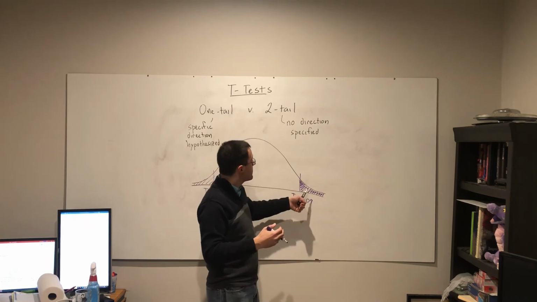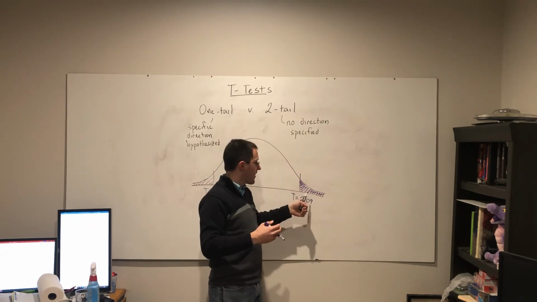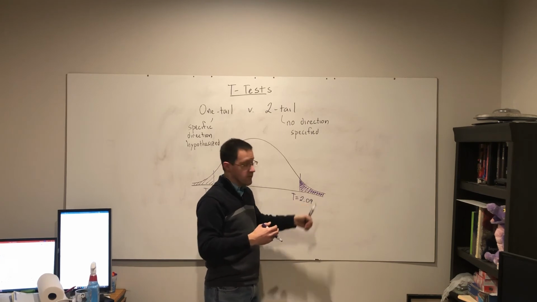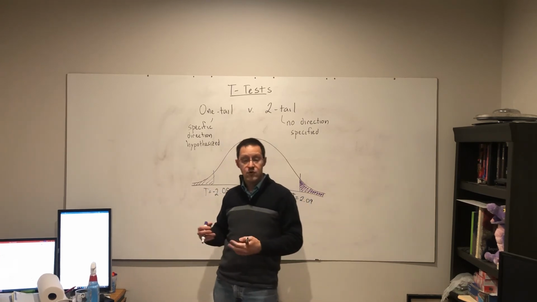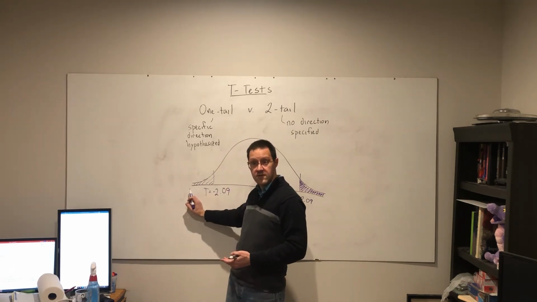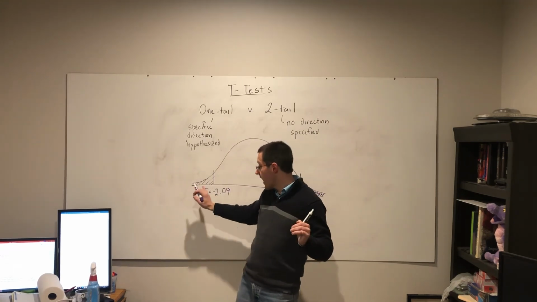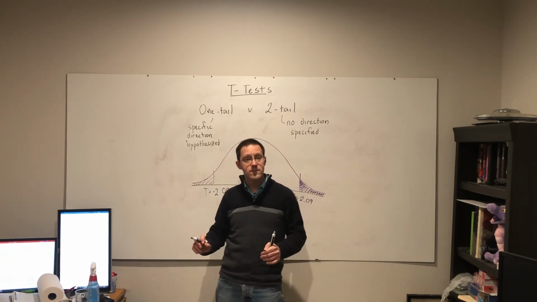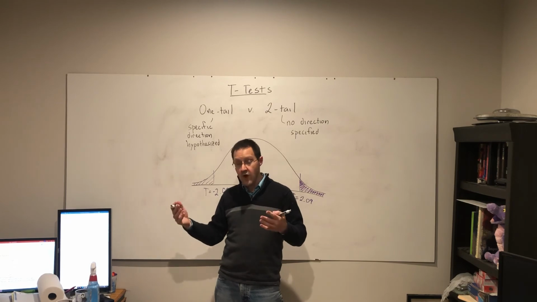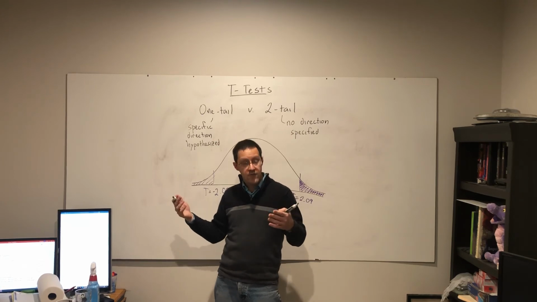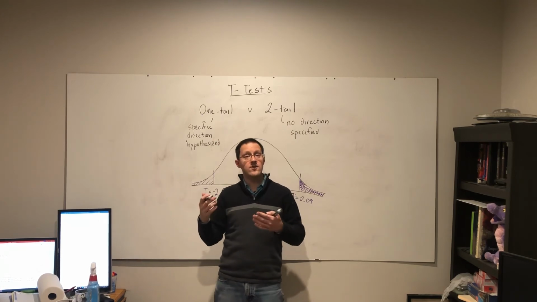So now, with no direction specified, I would say if t equals 2.09 or greater, or -2.09 or less, if it's in either of these, I would say, yep, there's a difference. From that simple conclusion, I'm not saying that's higher, it's lower. Strictly speaking, I would just be saying, yes, there's a difference.